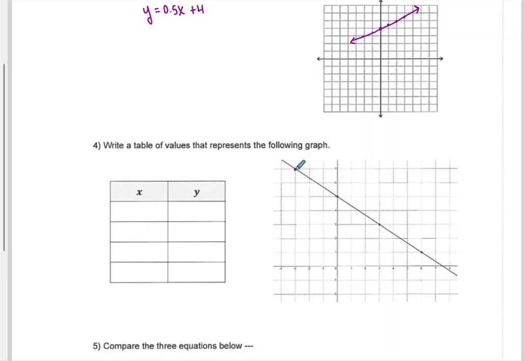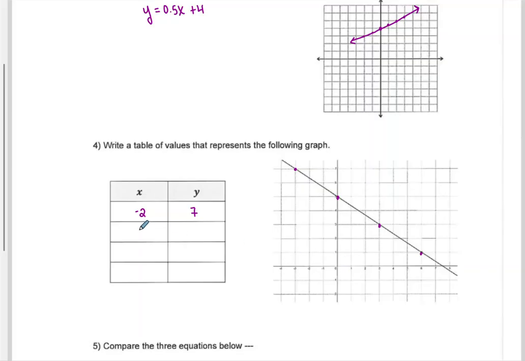I always like to go from the left and then move to the right because these are where my negative numbers are for my x values. So I'll pick that point. I'll go ahead and pick that point. That's my y-intercept. There's one point. There's another point. Okay. So this point, the x value is at -2. And then my y value is at, what is that, 7? 1, 2, 3, 4, 5, 6, 7. Yep.